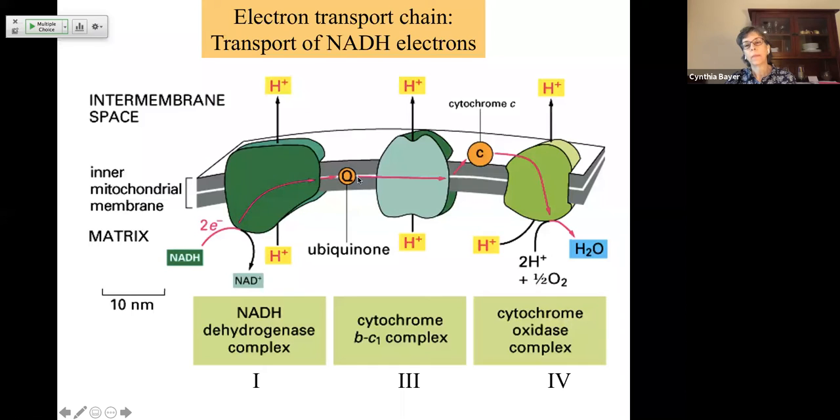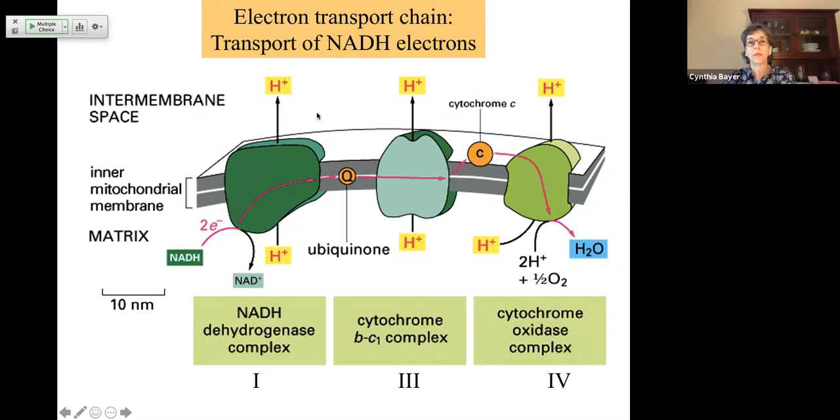And what we can also see is those electrons pass from NADH to the first complex, then pass to this hydrophobic mobile electron carrier that we call ubiquinone, that carries electrons from complex 1 to complex 3, and then to another mobile electron carrier, cytochrome C, passing to our final complex, the cytochrome oxidase complex. Complex 1, 3, and 4.